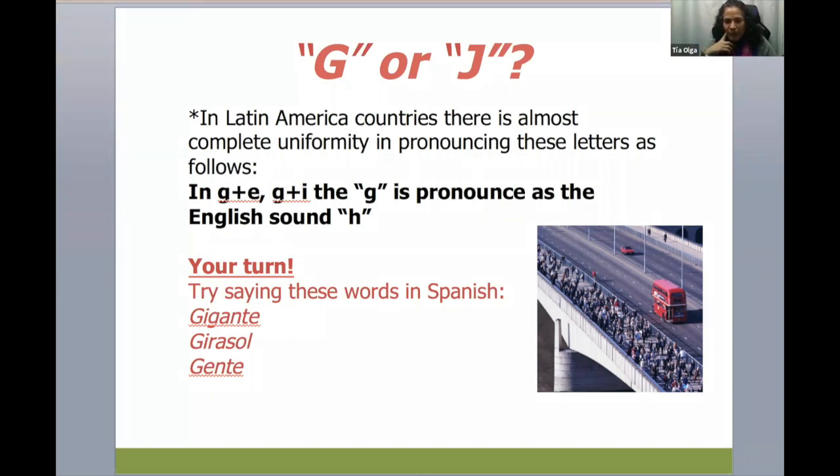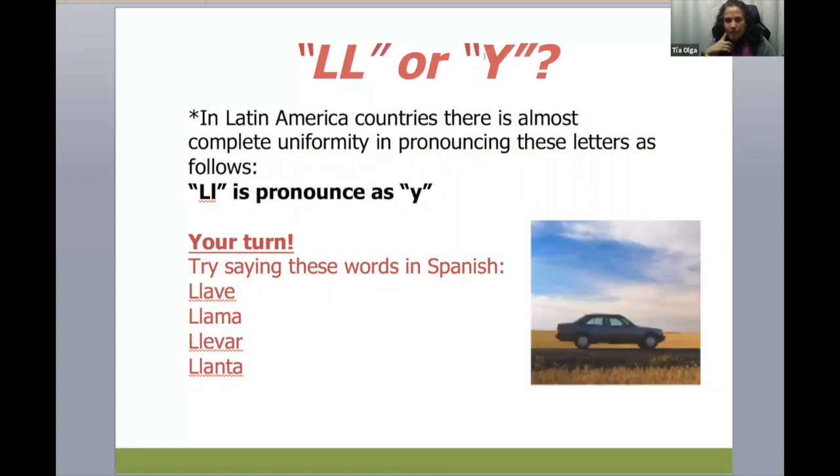Now we have the double L and the Y. We pronounce them very similarly, but not always. I recommend for most of my students, try to do like Uruguay, Argentina people, who pronounce the j sound. It's incorrect to say la.